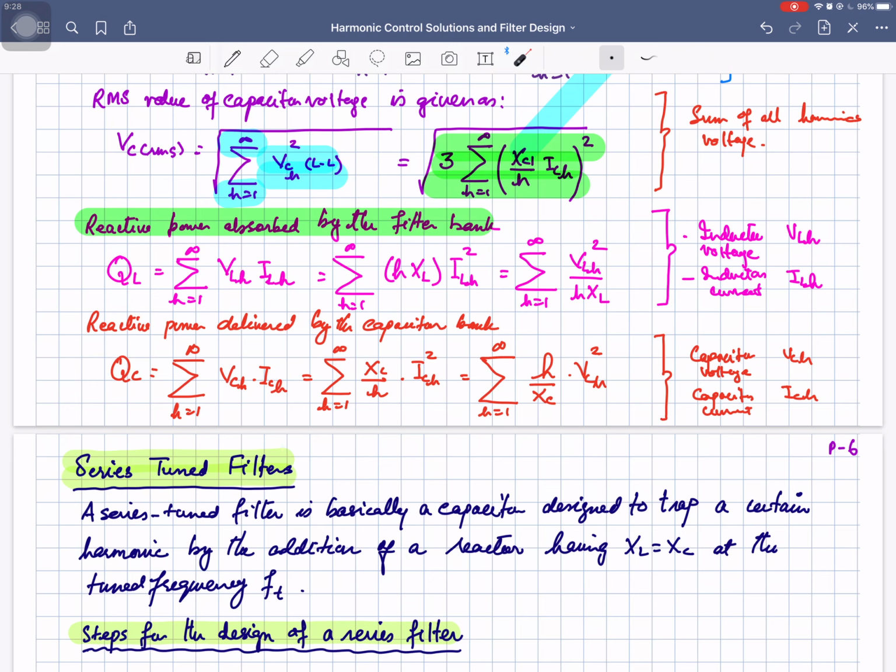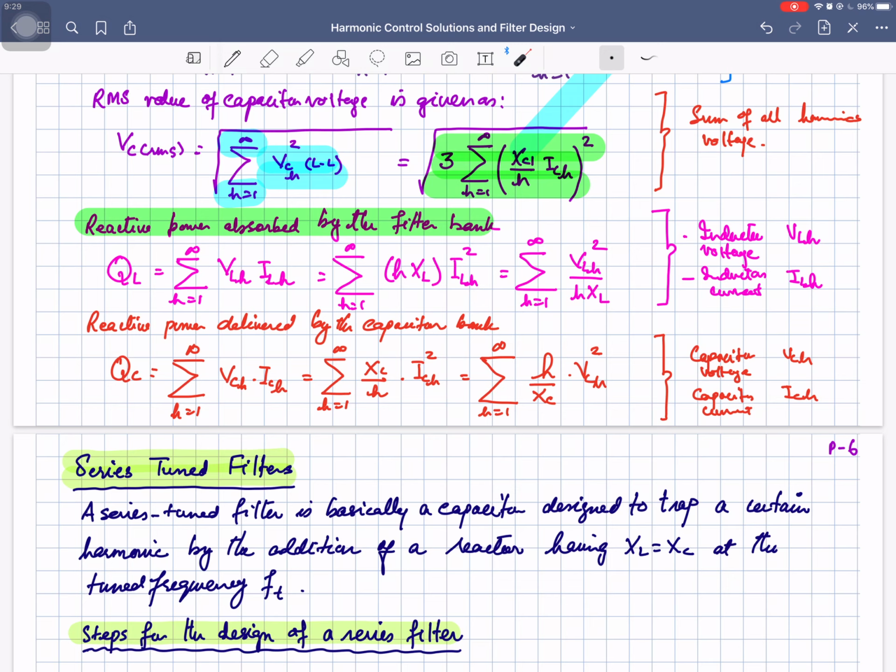And we know that we can write it like I square into the reactance. So ILH square into the inductive reactance for that particular harmonic, summation for all values of H, for all the harmonics which are present in your system.